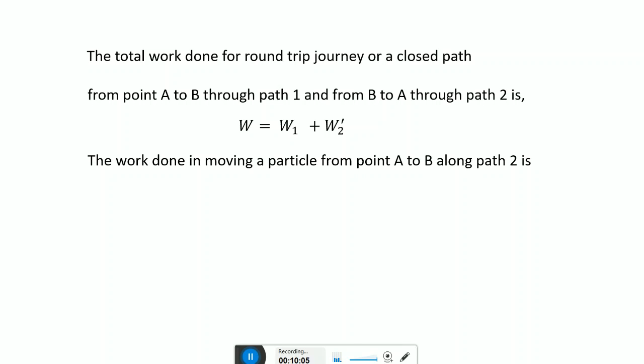The work done in moving a particle from point A to point B along path 2 is W2, which is equal to the integration from A to B of vector F dot vector dr. This is the value of W2 from figure 1 along path 2, and W2 dash is equal to the integration from B to A of vector F dot vector dr.